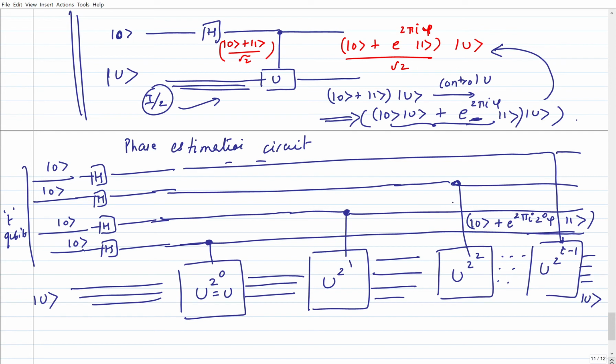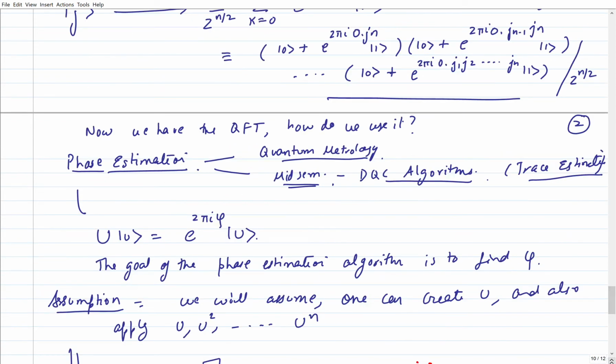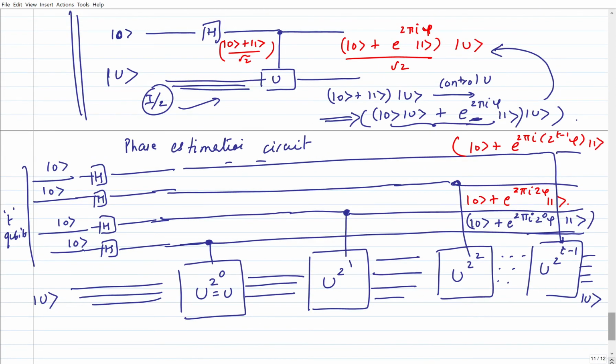Similarly, you can see the state over here. Let me write with a red pen. Once I have applied the control unitaries, the state over here is this guy, and so on and so forth, and on the final qubit the state is this guy.